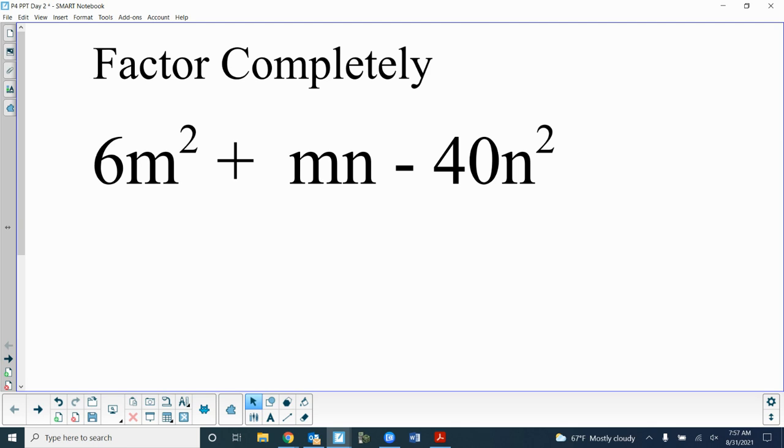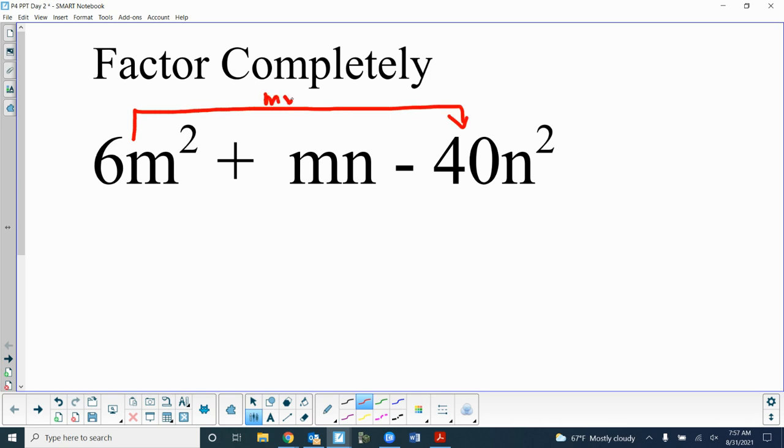All right. What's my A value? 6. What's my B value? 1. What's my C value? Negative 40. Remember, that's the A, that's the B, and that's the C. When A is not 1, we have to do what with the A and the C? Multiply them. So I have to multiply 6 times negative 40 to start, which is negative 240, right?